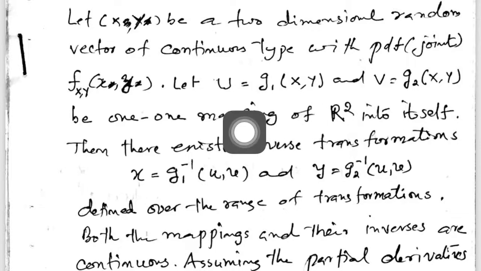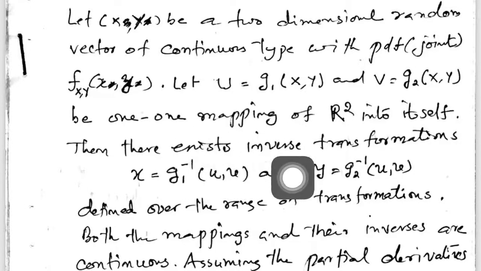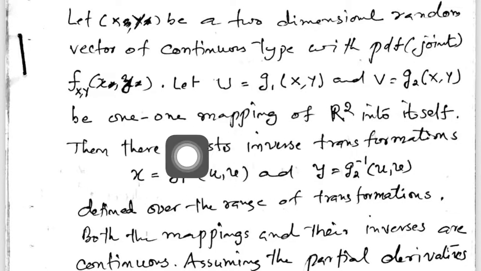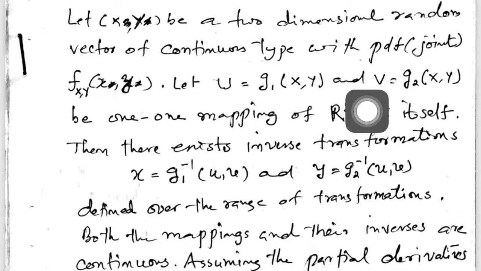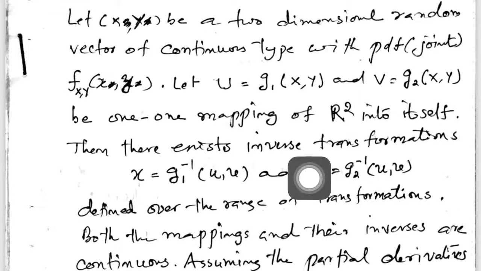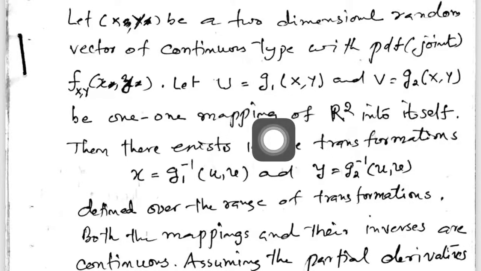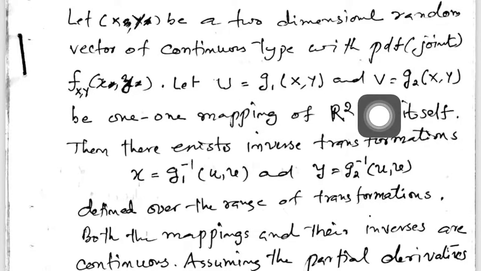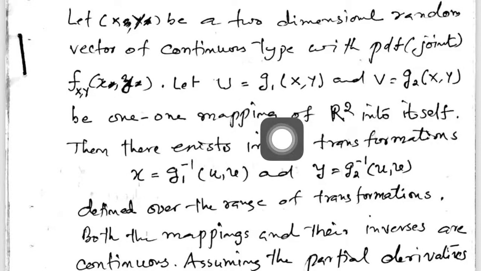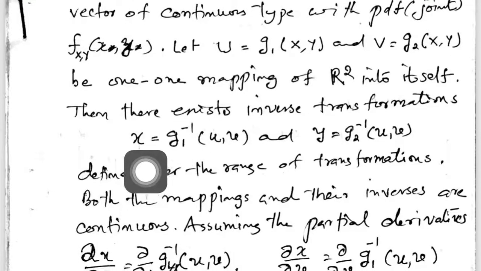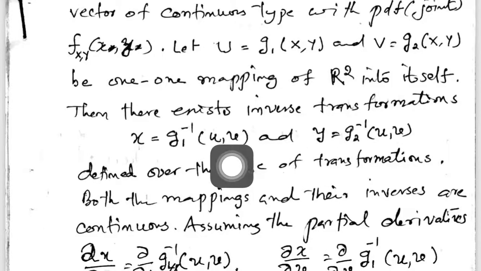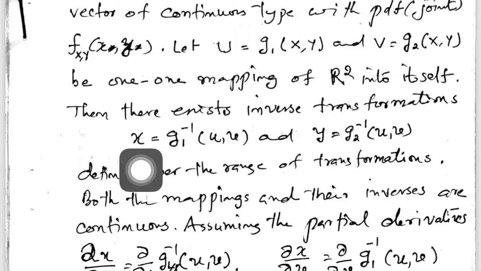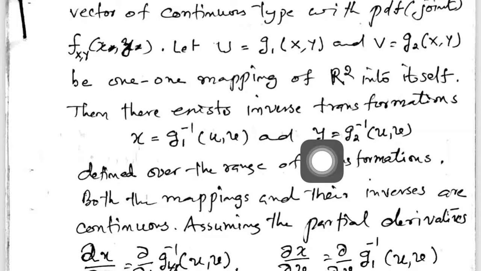The method of finding the range of the transformed variables u and v we will discuss in some examples. Now, the convenience of taking these functions g1 and g2 as 1-1 mappings is that you will get the inverse functions g1 inverse and g2 inverse of u and v for explicitly expressing x and y.